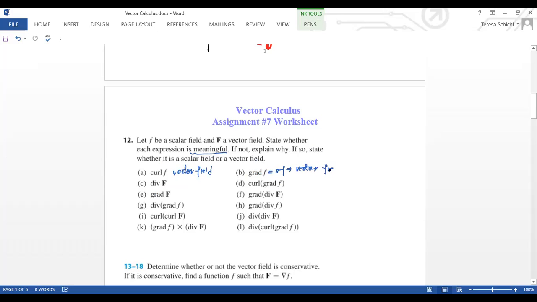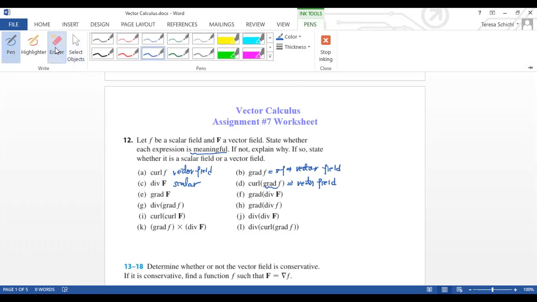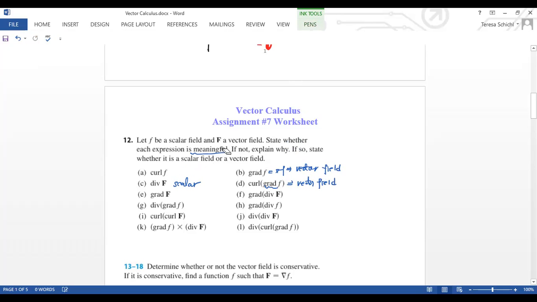Right. Okay, so now the divergence of F. We know the divergence is a constant, so this is a scalar. Curl of the gradient: this makes sense because the gradient is a vector field, so the curl of it is a vector field. Oh, sorry, here we said this is big F and this is small f.